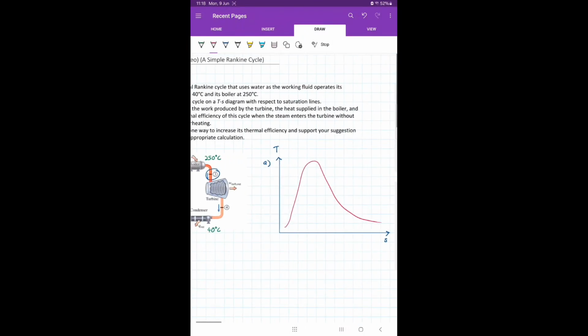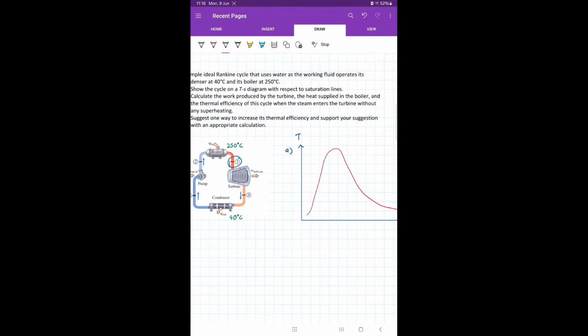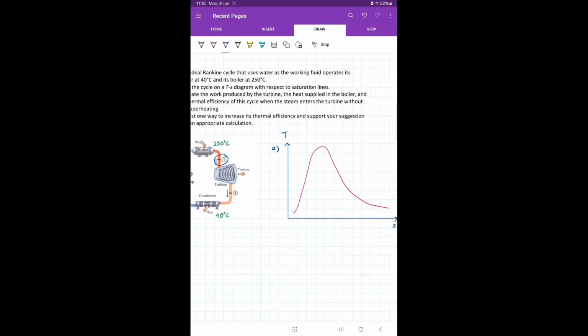We don't have the pressure, but we do have the temperature at the condenser as well as the temperature at the boiler, and we know that under the saturation dome, temperature is tied to pressure along the lines. So what we can do is put the 40 degrees Celsius line here.